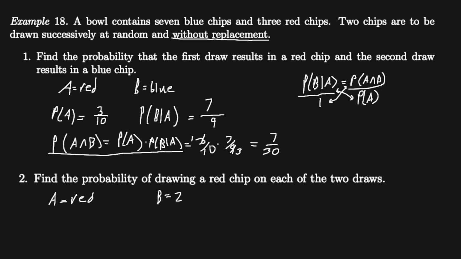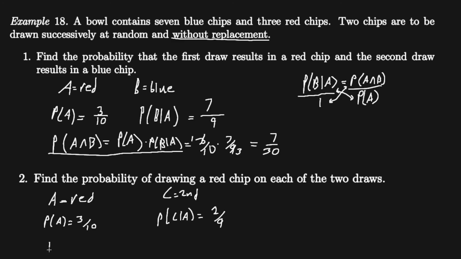Or better yet, we'll just use C for the second one. Now the first draw would be the probability of A, which would be 3 out of 10. And this is the probability of C given A, which would be, if we take 1 without replacement, 2 over 9.